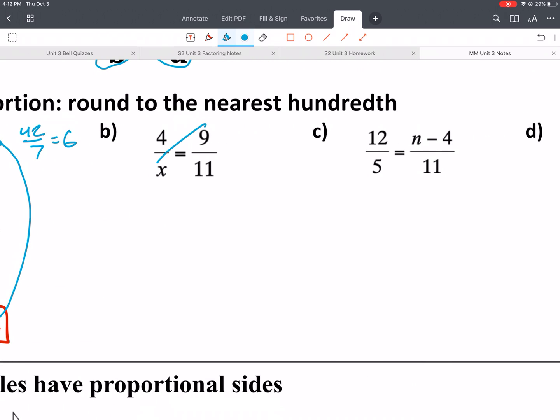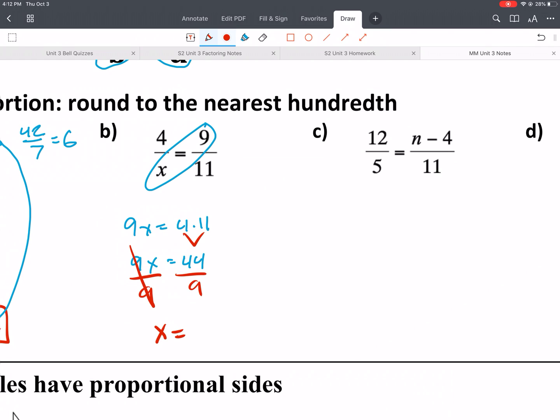Okay, cross multiply again. That gives us 9x equals 4 times 11. 4 times 11 is 44. And then to get x by itself, we divide both sides by 9. On the left side, the 9 divided by 9 cancels out. We would end up getting x equals, and I think that one does not go in evenly.